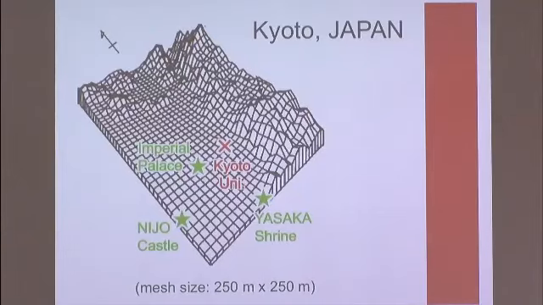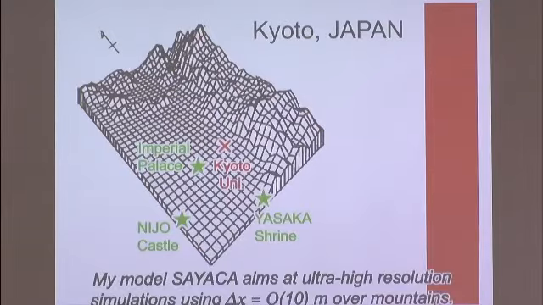So another representation of topography, for example cut cells, would be required in future high-resolution models. My model, named Sayaka, aims at such high-resolution simulations that use horizontal grid intervals of less than 100 meters over steep mountains.